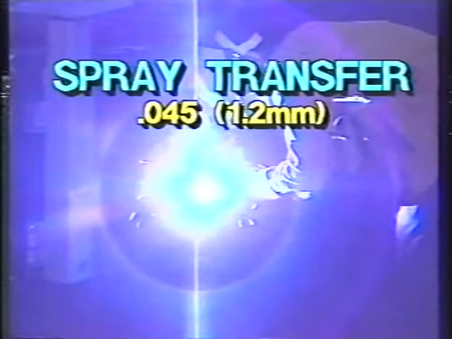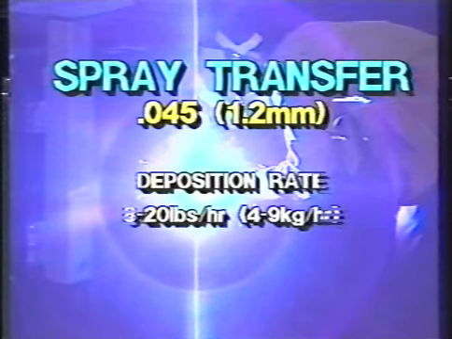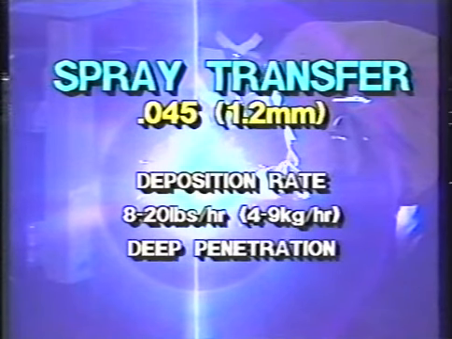With spray transfer, we can achieve higher deposition rates. Deposition rates in the range of approximately 19 to 20 pounds an hour can be achieved with an 045 wire. With spray transfer, the penetration is excellent.